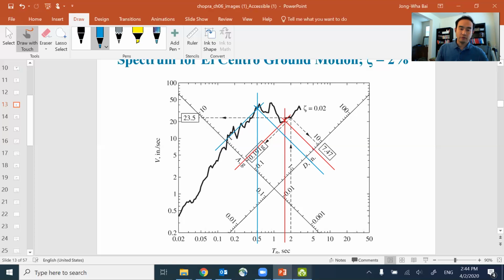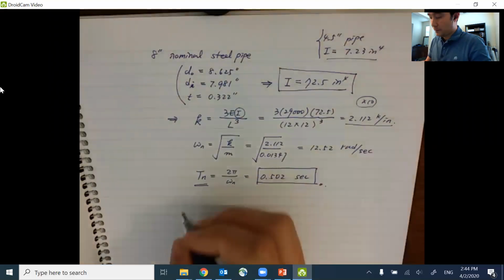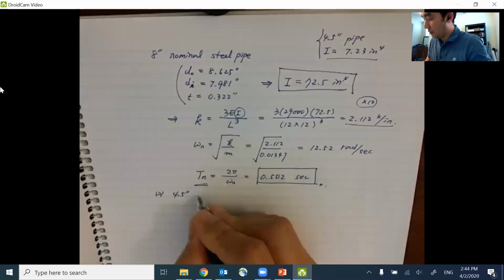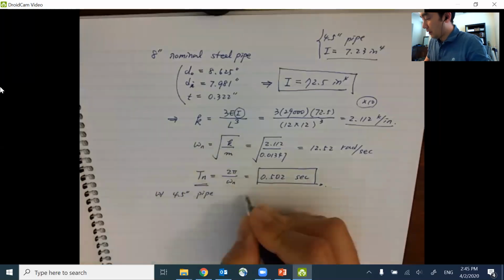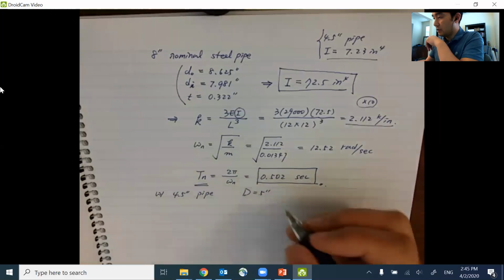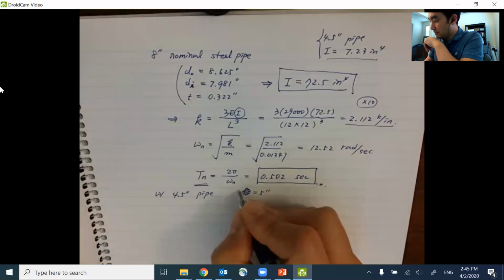And I'm going to go back to the document camera. So with the 4.5-inch pipe, our D value was 5-inch. D is the spectral deformation, the maximum peak deformation due to the El Centro earthquake. So I'm going to use SD.